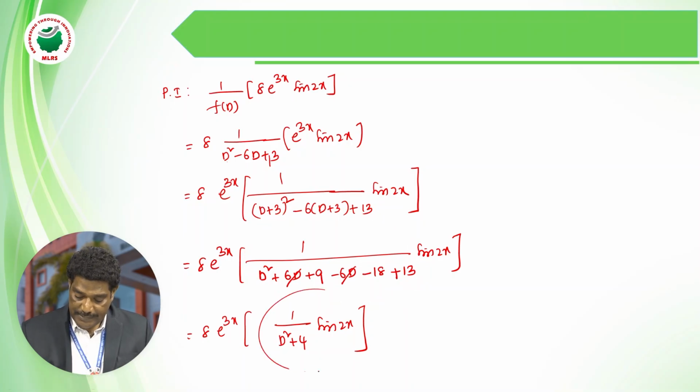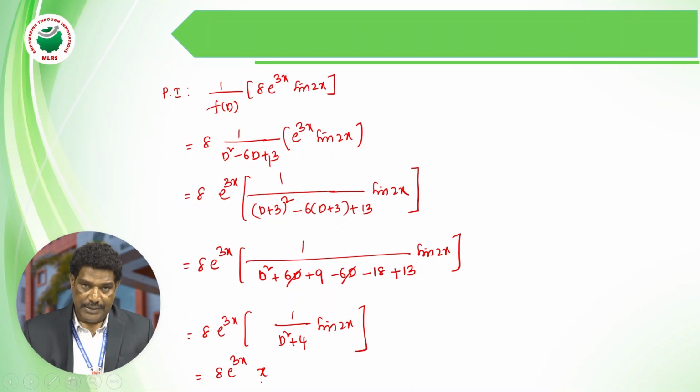Now in this case, sin 2x belongs to type 2 model function. In type 2, what is the working rule? Just follow the working rule. So according to the working rule, this value will be 8 e power of 3x into x into 1 by f dash, the derivative of the denominator, 2D, into sin 2x.